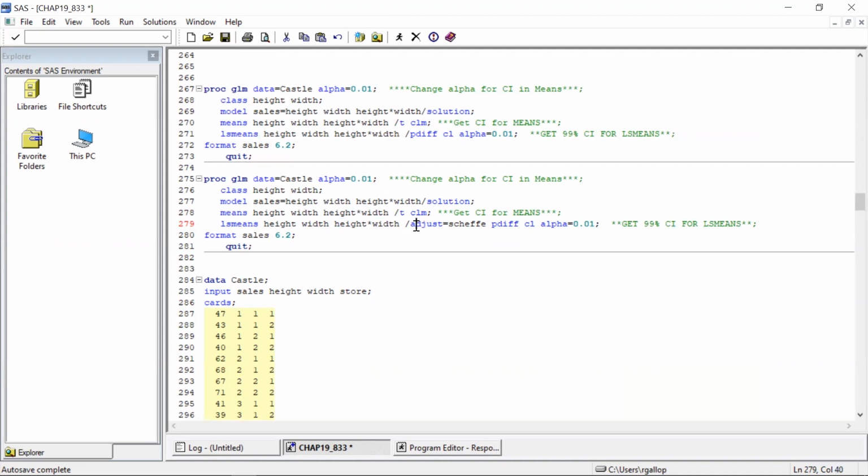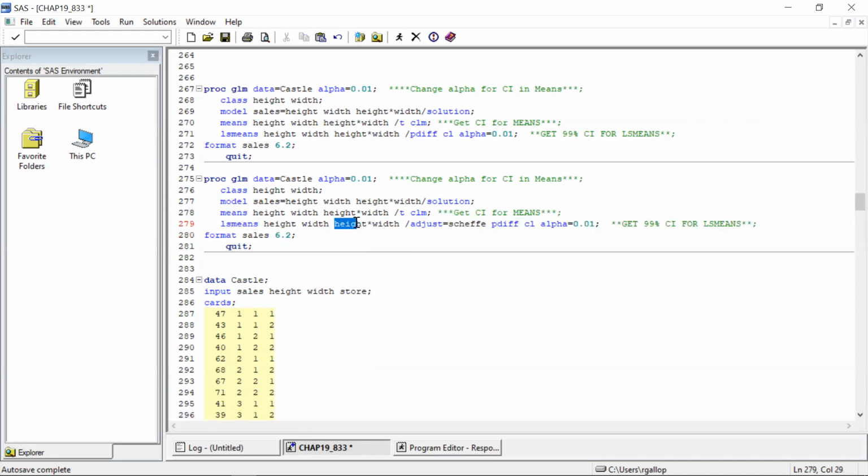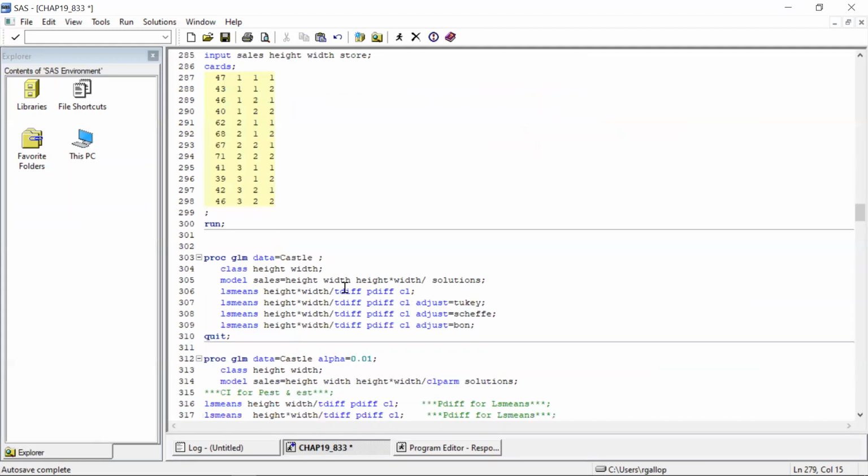Now, the adjust equal Scheffe does each of the individual terms' multiple comparisons, or what we call family comparisons, being 0.05, not all three of them together. So just be aware of that. It's just really the effect within the term, the two-way term or the main effect terms, as we saw before.